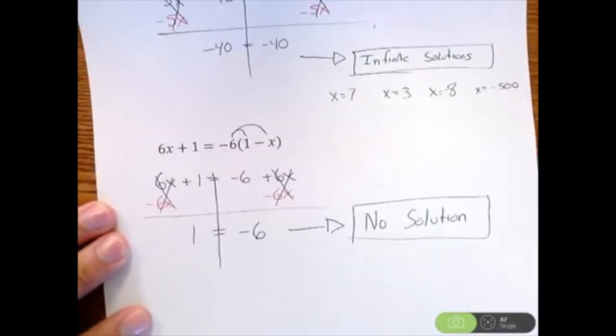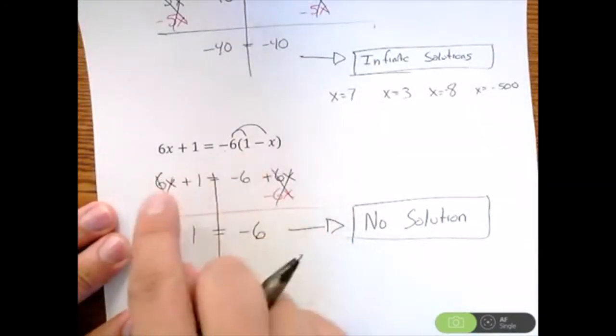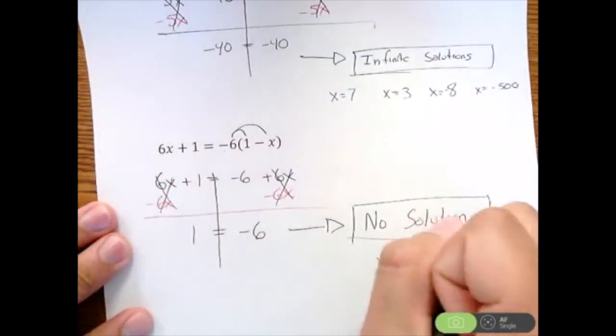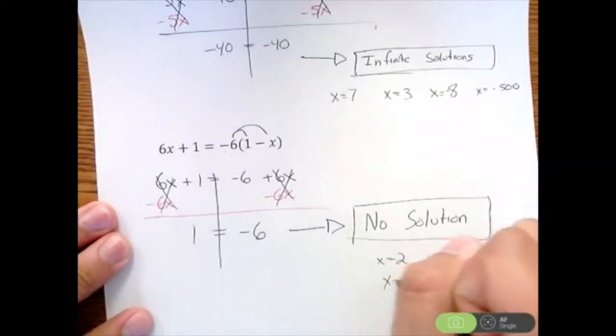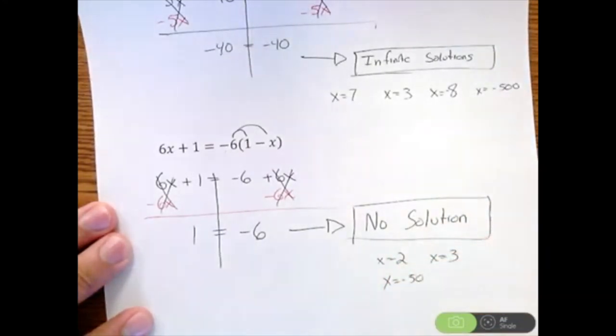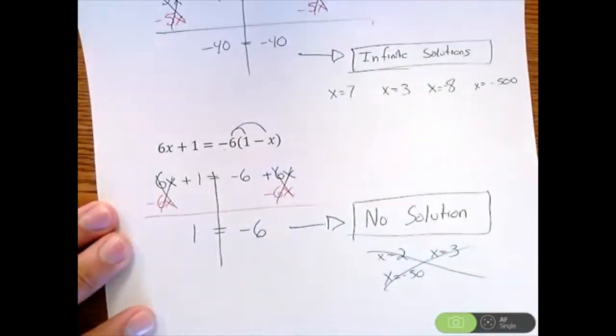No matter what you plug in, nothing is going to work. x equals 2, not going to work. x equals 3, not going to work. x equals negative 50, not going to work. There's no value for x that will work here.